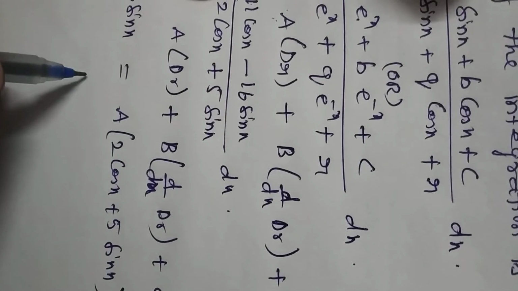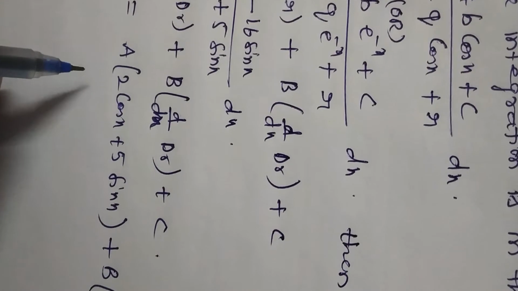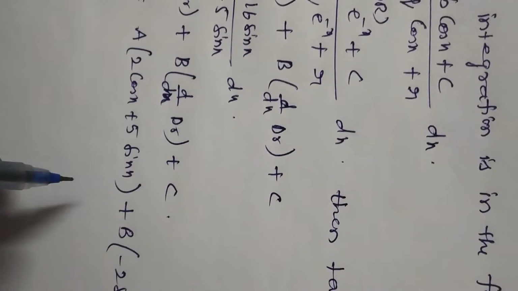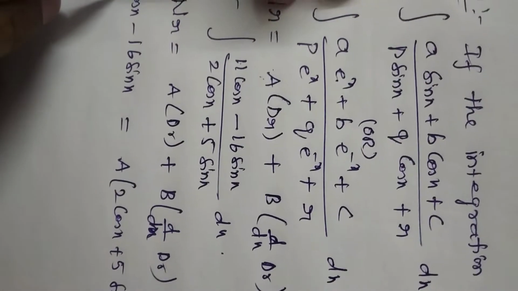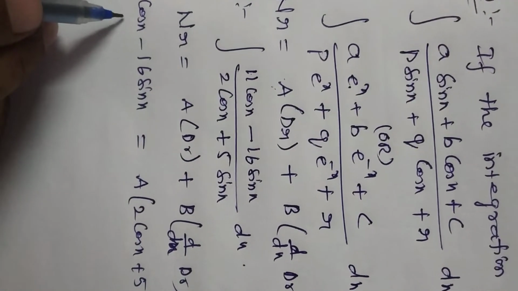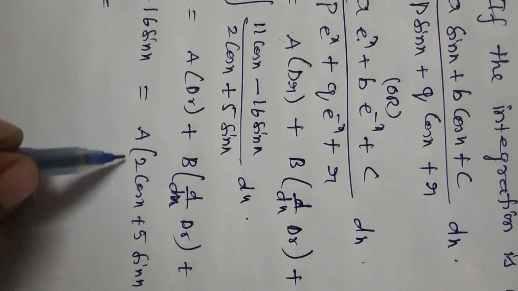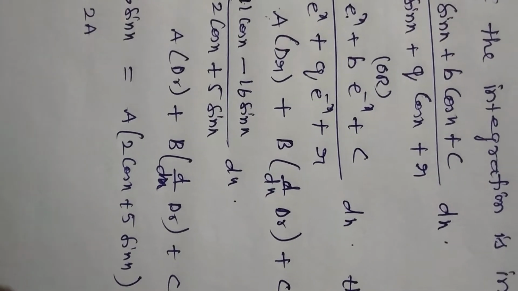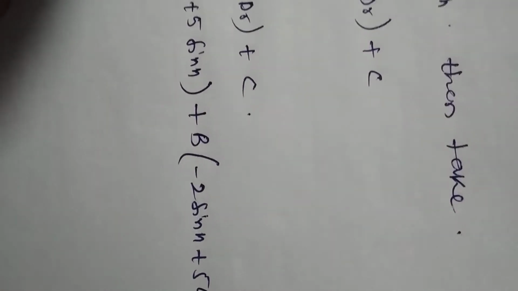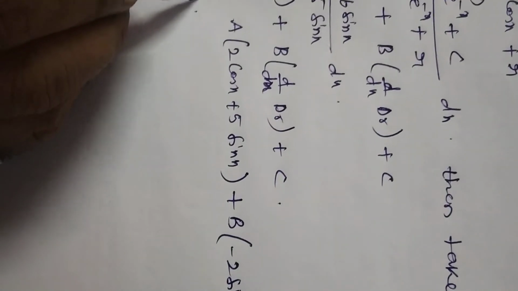Okay. So now if we compare the coefficients of sin x and cos x on both sides, we are going to get the values of a, b, c. First take cos x. In LHS, the coefficient of cos x is 11. On the right side, 2a is the coefficient of cos x, and next 5 cos x into b, that is plus 5b.